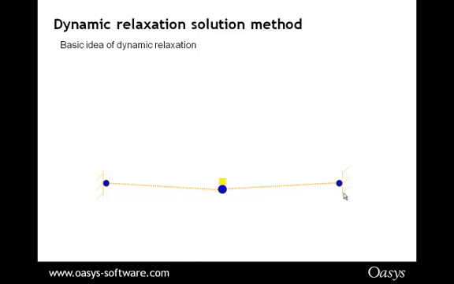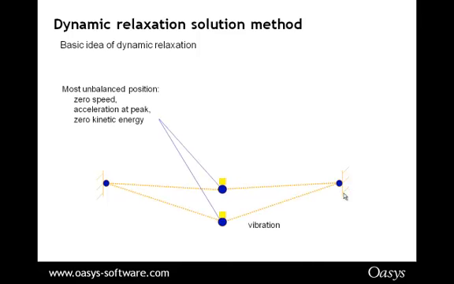It uses a dynamic relaxation method in that if we take our three-pin beam we looked at earlier, and we apply a load, that load will accelerate the midpoint of that beam, and it will then reach a maximum point where the speed drops to 0, acceleration is at maximum, and it will then oscillate or vibrate back and forwards between these out of balance positions.